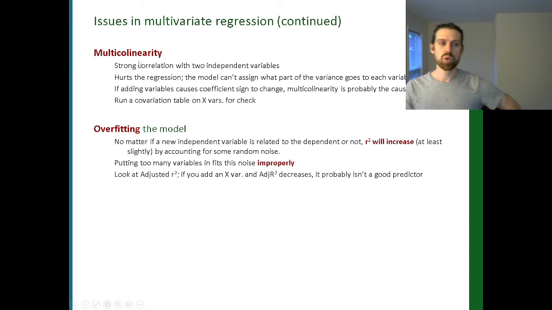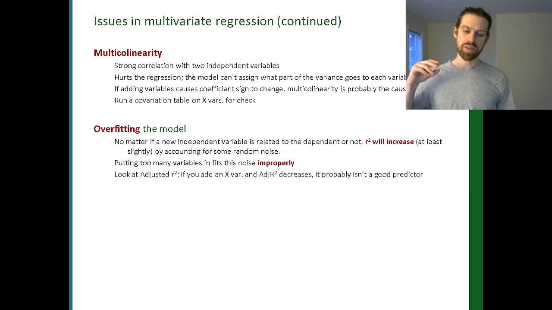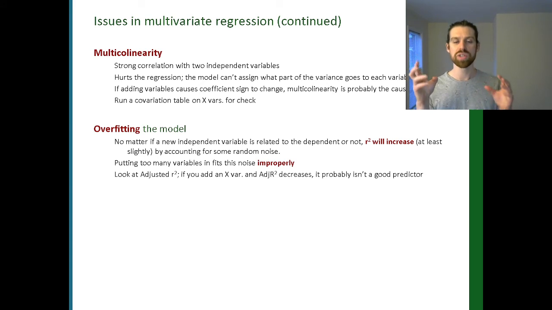So there are some more issues. One of those is multicollinearity. This is always a problem. The minute that you say you want to explain income and you put in variables for the neighborhood that you grew up in, you're going to put in population density. And then the minute that you start to put in things like the percentage of people in that neighborhood who have university level education, the two are going to be correlated, because generally in cities where you have a higher density of people, you probably also have a much higher density of people who have college degrees, okay?